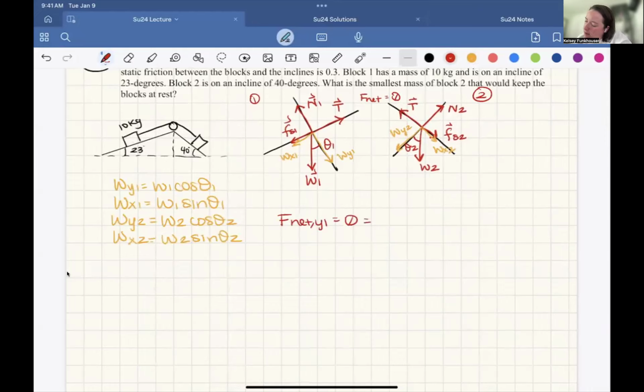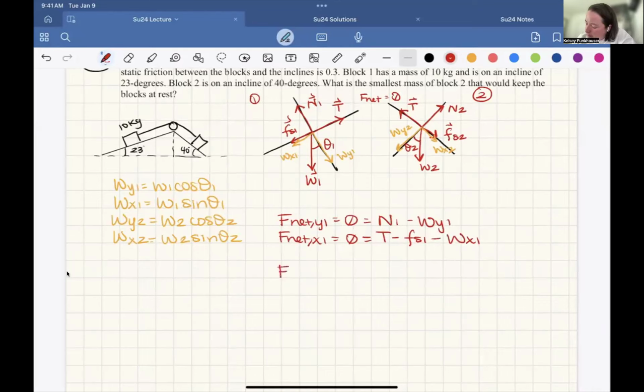And in the positive y direction, we have normal force 1. In negative y, we have the y component of the weight. So we subtract that. And then in x, still 0. And in the positive x, we have tension. And then we subtract the static friction force and the x component of the weight.